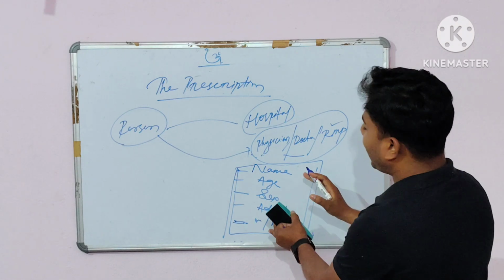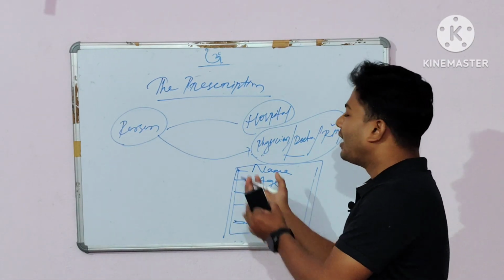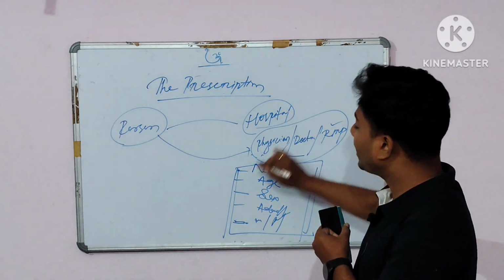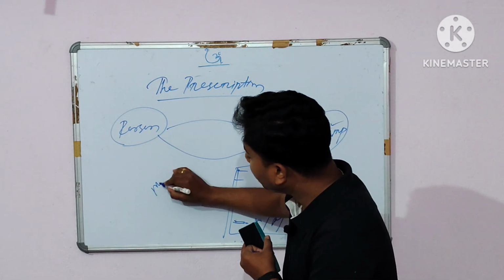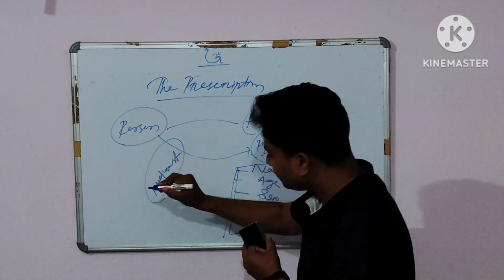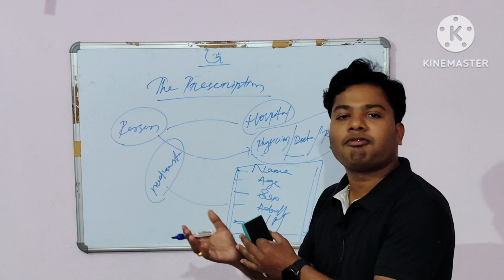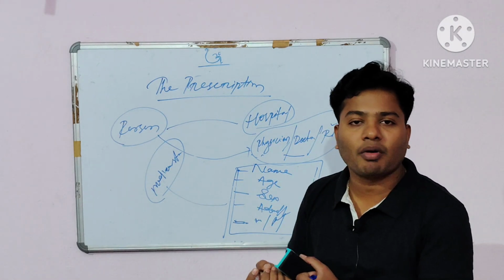Then, after receiving the prescription from the physician, the patient will go to the medicine store. Why will the patient go to the medicine store? For taking the medicines for the treatment.